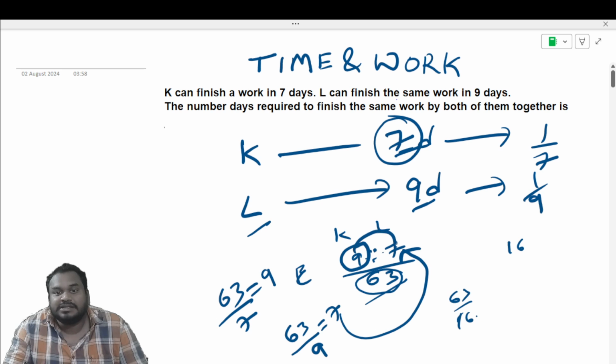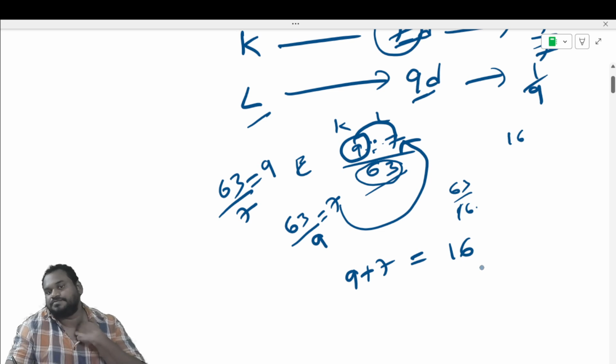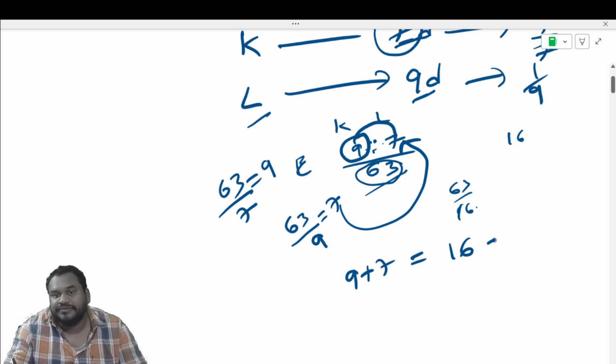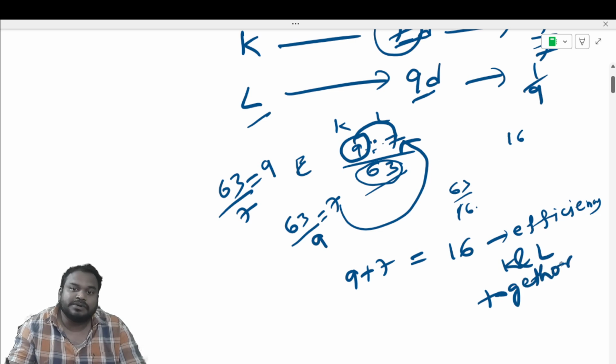If you add this 9 and 7, what will it become? 9 plus 7 is 16. 16 is the efficiency of K and L together. But this 63 is the total number of works.